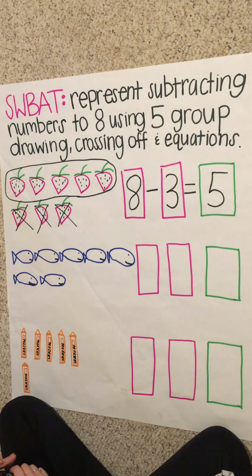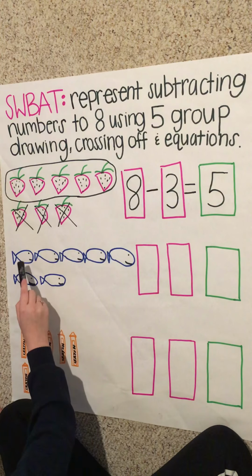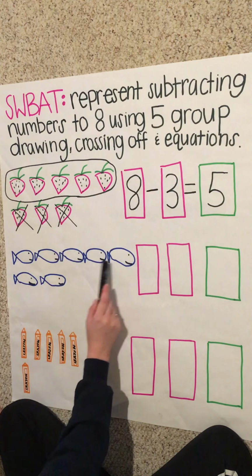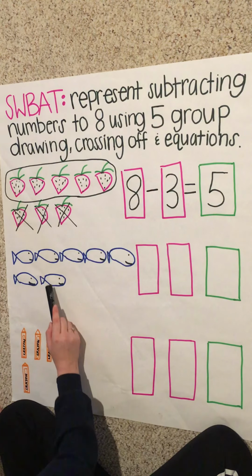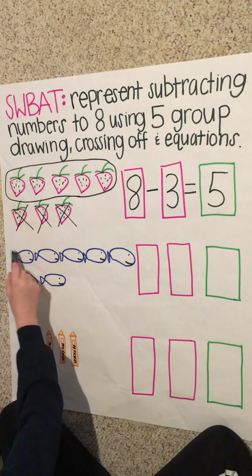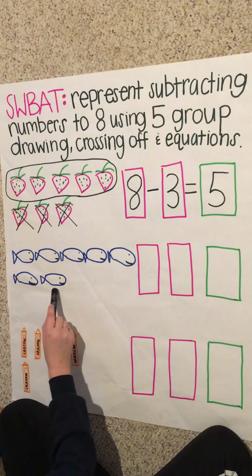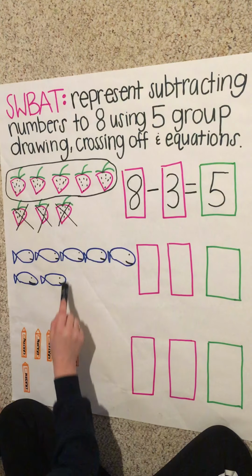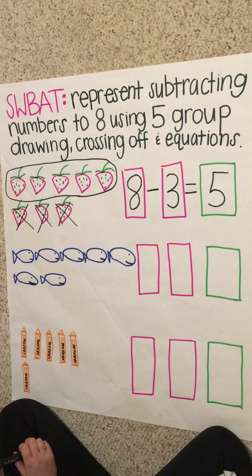I bought 7 fish from the pet store. Let's count. 1, 2, 3, 4, 5, 6, 7. Once again, we see this in our 5 group way. We had 5 on the top and 2 on the bottom. So once we get to 5, we have to start a new row to show that we make our picture in the 5 group drawing.